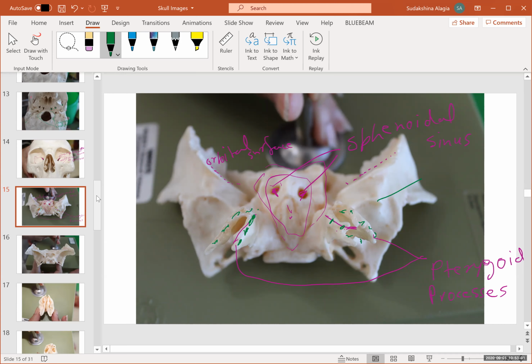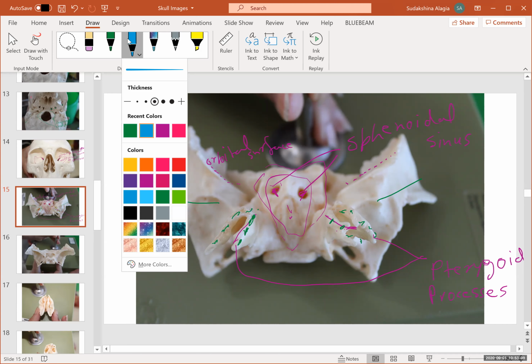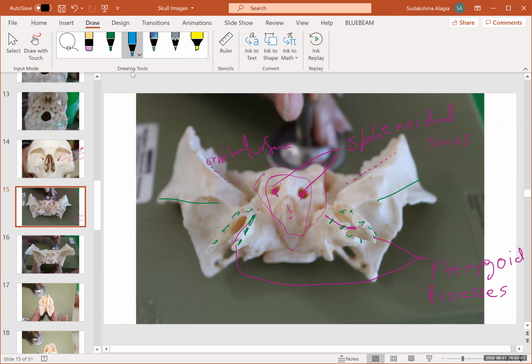What will be these two that look like the wings of the butterfly? These wings of the butterfly are appropriately called the greater wings of sphenoid.